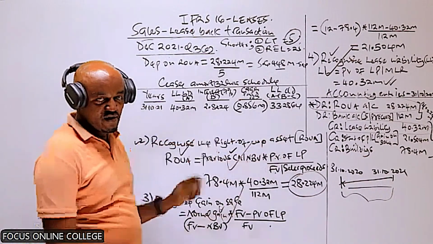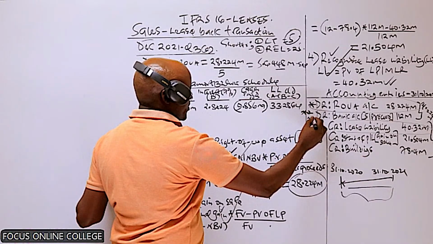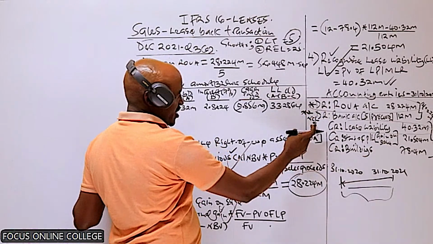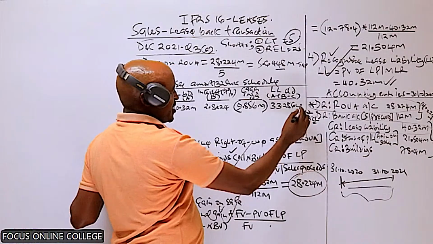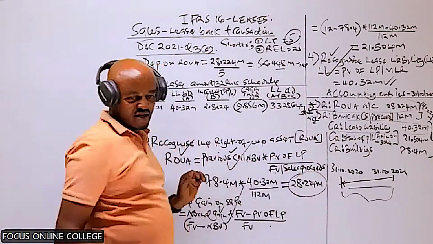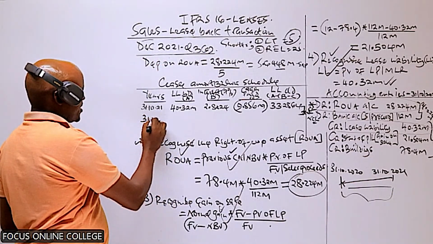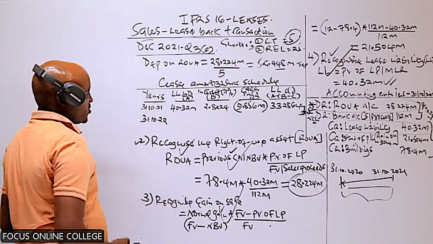The lease liability here is what we recognize in the statement of financial position as a non-current liability, and the difference between the two is what we recognize as a current liability.